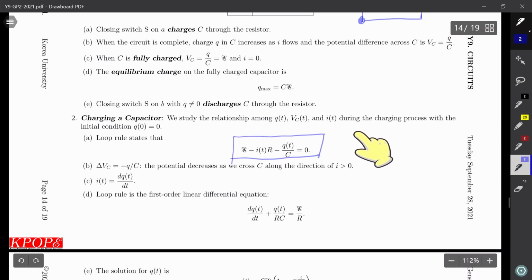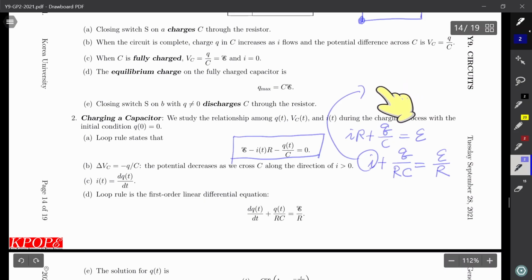This one, IR plus Q over C equals E. Let us divide both sides by R. It's I plus Q over RC equals E over R. Now the current I is the time derivative of charge.